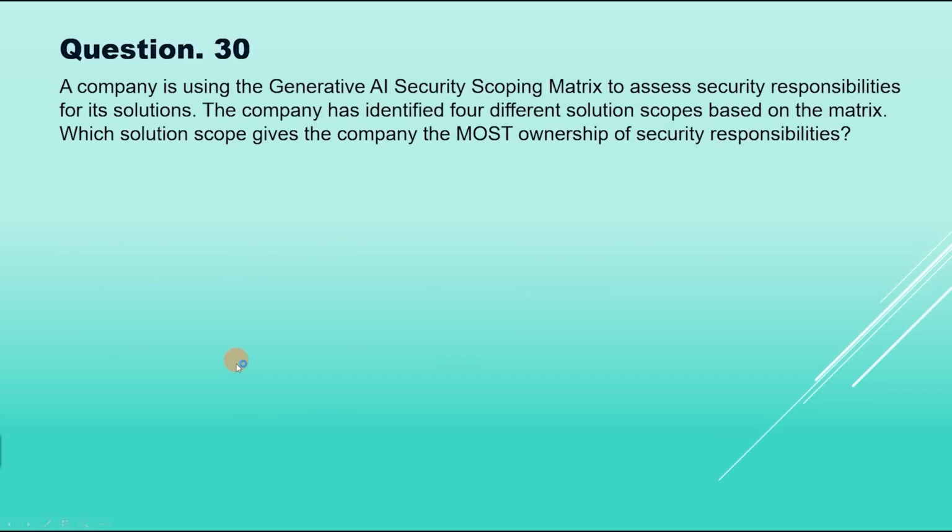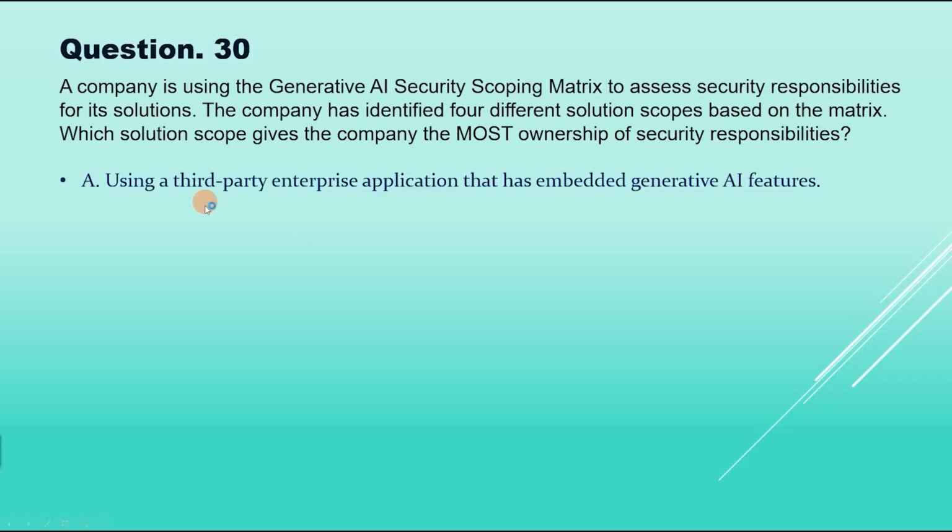Now question number 30. A company is using generative AI security scoping metrics to assess security responsibilities for its solution. The company has identified 4 different solution scopes based on the metrics. Which solution scope gives the company the most ownership of the security responsibilities? And here are the options. Option A, using a third-party enterprise application that has embedded generative AI features.